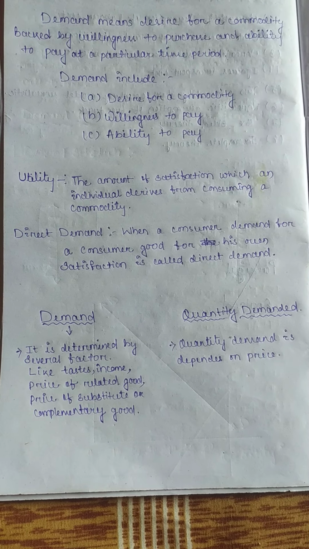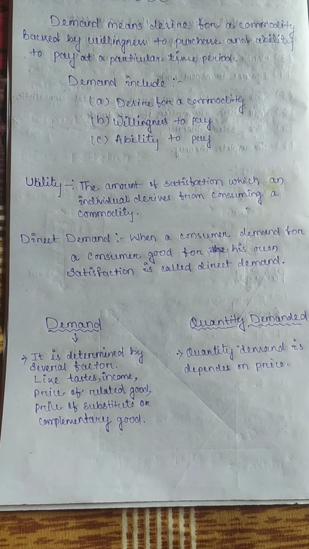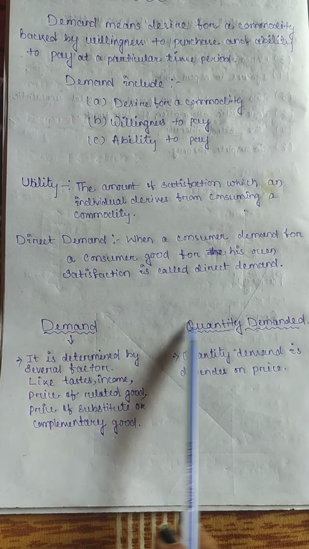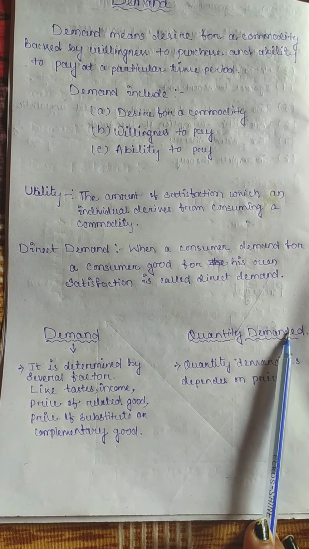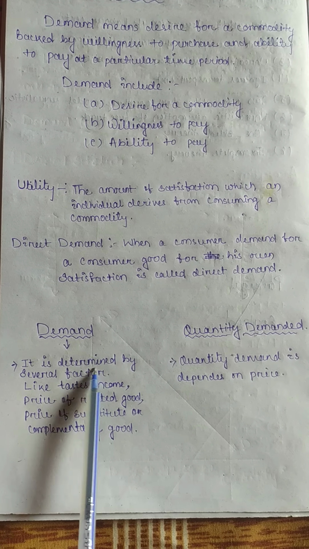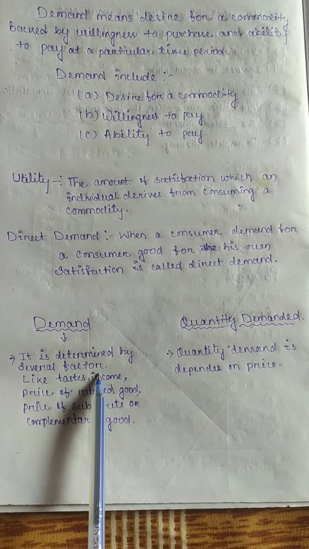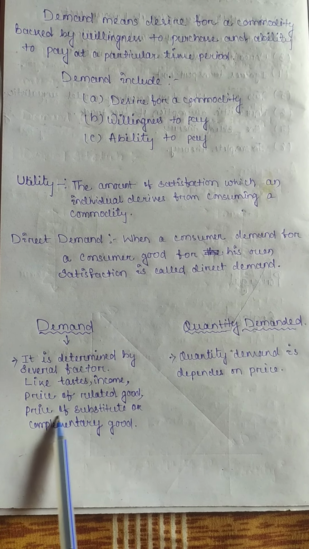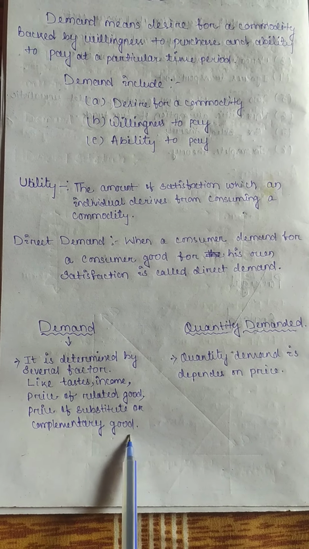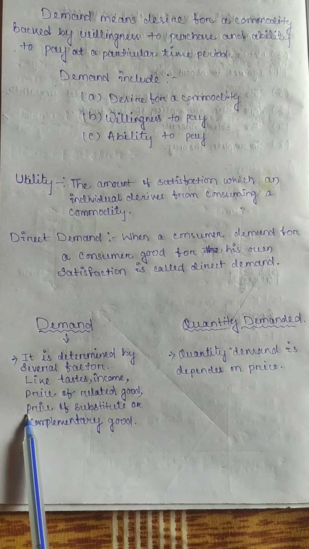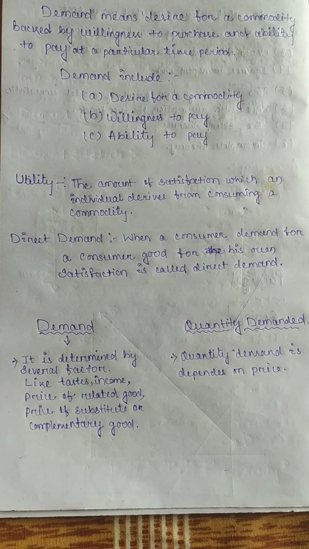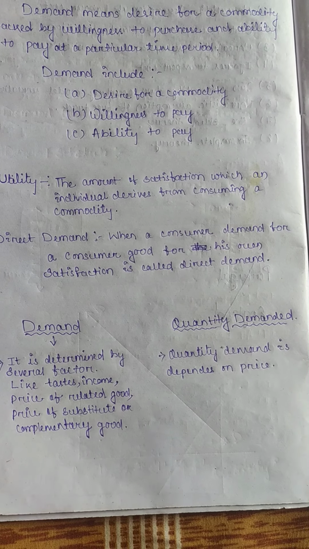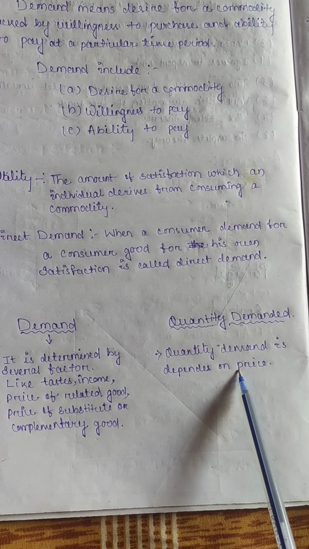Then there are two concepts: demand and quantity demand. Demand is determined by several factors like taste, income, price of related goods, price of substitute goods or complementary goods. These things determine demand. But quantity demand is determined only by price.